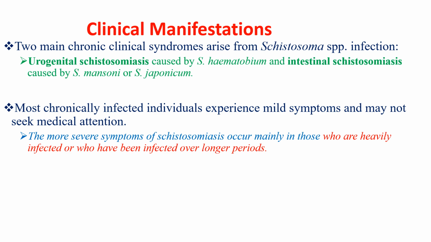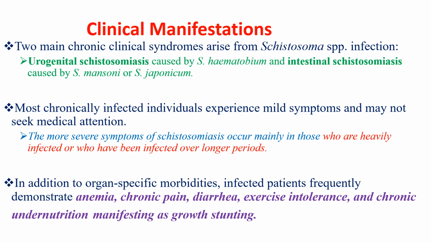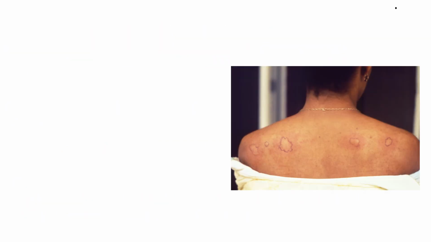The more severe symptoms occur mainly in those who are heavily infected or who have been infected over long periods. In addition to organ-specific morbidities, infected patients frequently demonstrate anemia, chronic pain, diarrhea, exercise intolerance, and chronic undernutrition, which causes growth stunting.